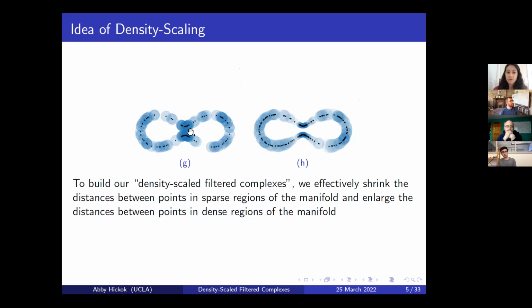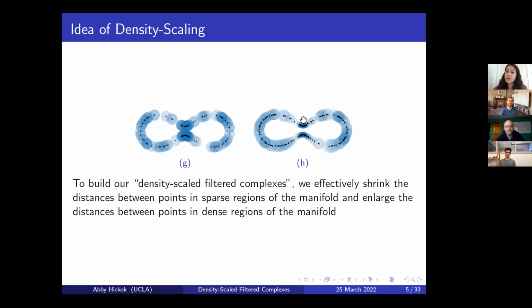We see these two 1D homology classes, just because these circles in the middle here meet very quickly. But really the points are very dense at this narrow bridge. We have a lot of information showing us that there's a separation here. This is why visually it's very clear that there's just one closed loop here.